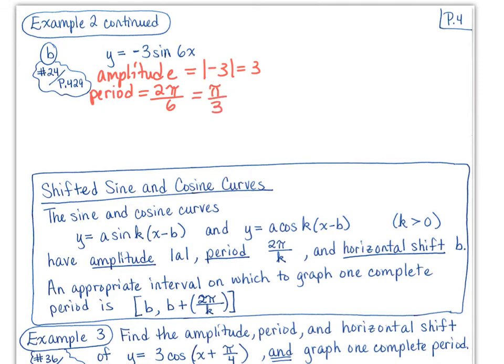Because you have a negative out here, remember your graph takes sine and flips it, right? So you're working with negative sine of x, not sine of x. So remember that changes the graph.